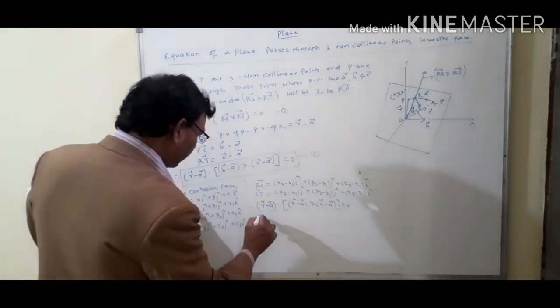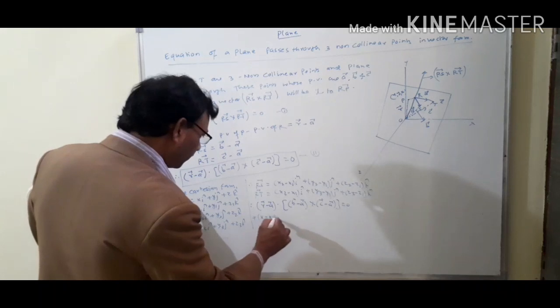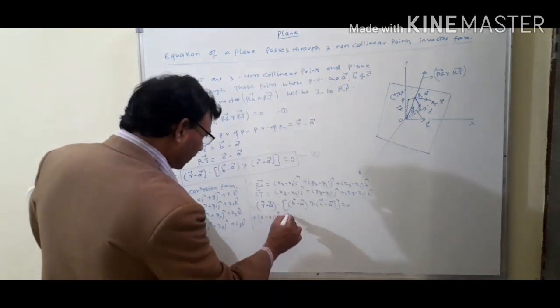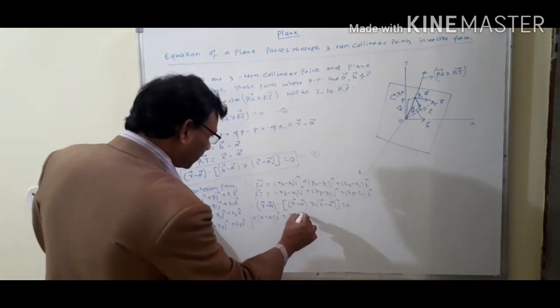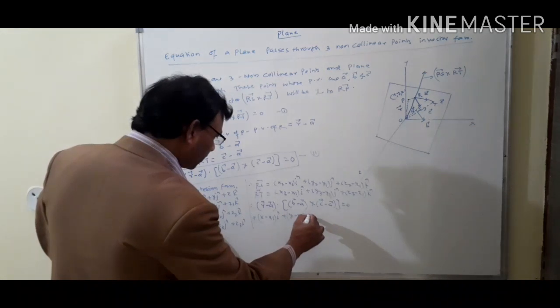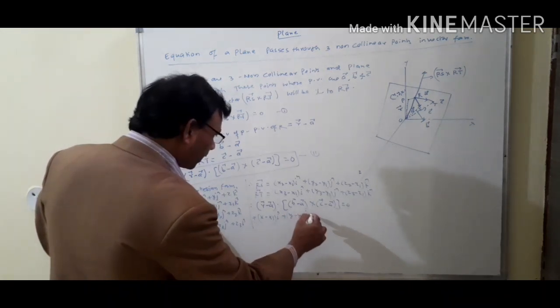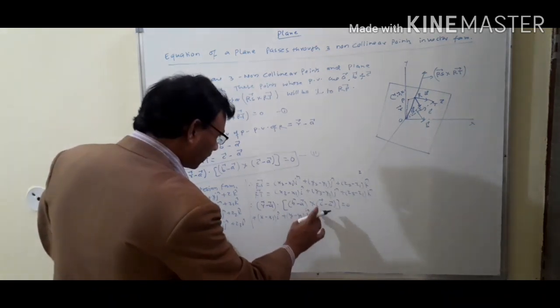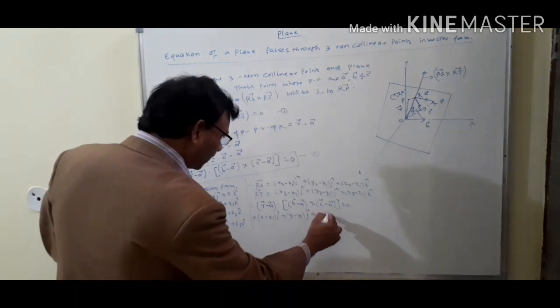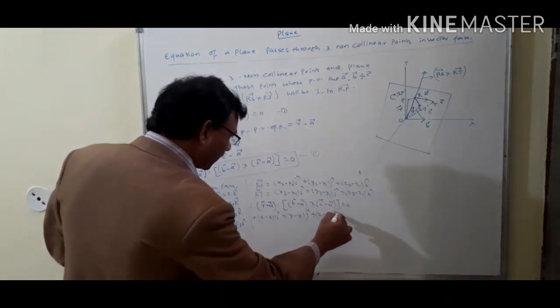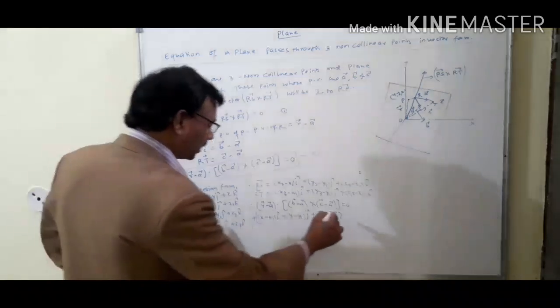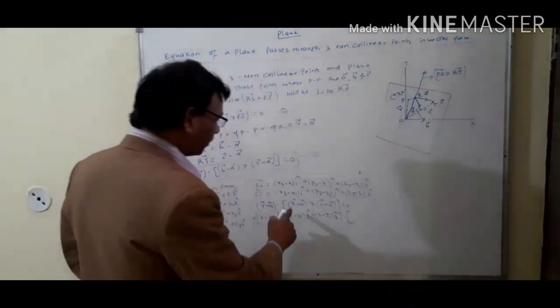Then this will be x minus x1 i cap plus y minus y1 j cap plus z minus z1 k cap dot, in the next bracket, b minus a.